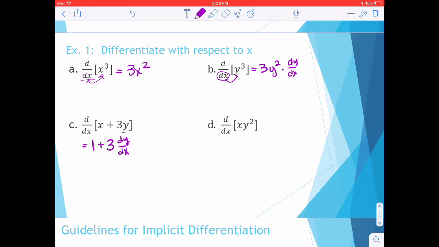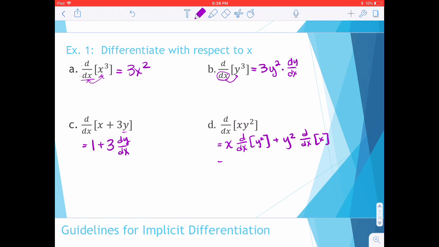Okay, so now part D, we have the same thing going on here, but we have a product rule. So we can separate this out as x times d dx of y squared, plus y squared times the derivative of x, because that's what our product rule says.